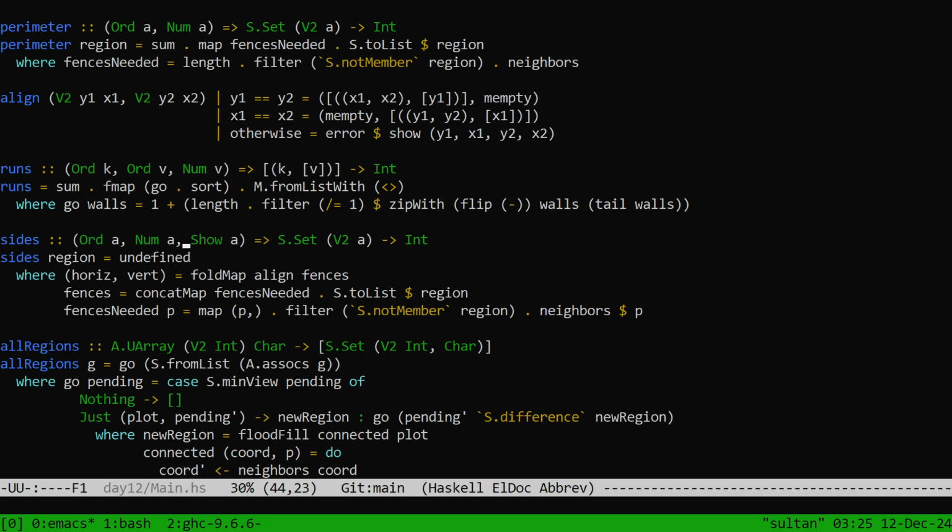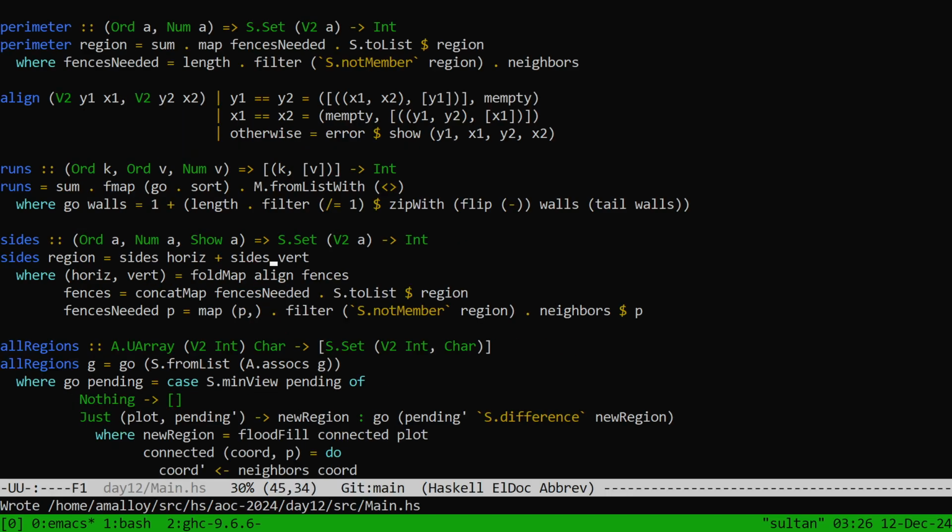So let's go back and define sides, because we have all the tools at this point, right? Isn't it just sides horiz plus sides vert? Because horiz and vert are both valid input to runs, I think. Sides?